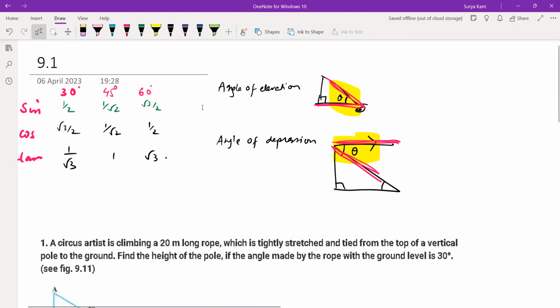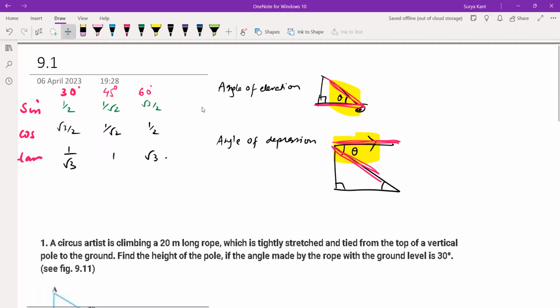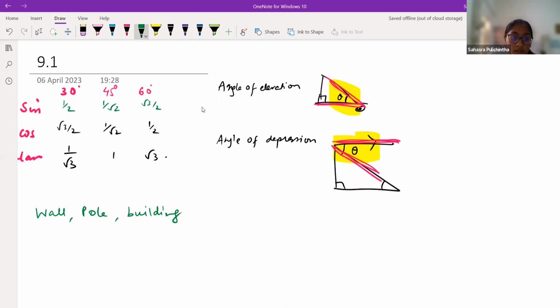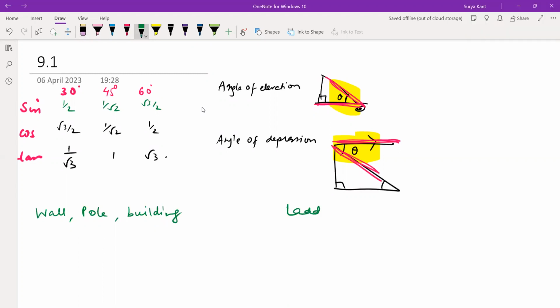Last concept, I am telling you once again, what all things you have to take. Suppose you are taking wall, pole, building, tree, tower.